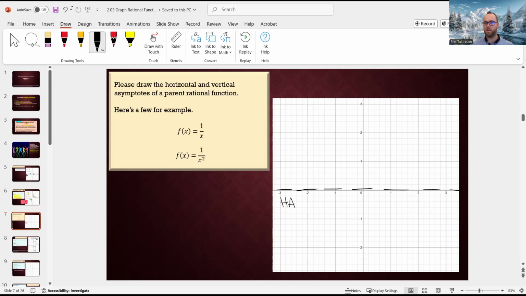That's a horizontal line, and the equation of that line is y equals 0. And then we have our vertical asymptote here, right on the y-axis at x equals 0. So that's where they start, and that is super important to know because they're going to move, and we've got to know where they're starting to know where they're going, right?